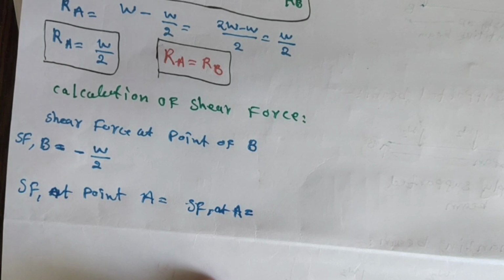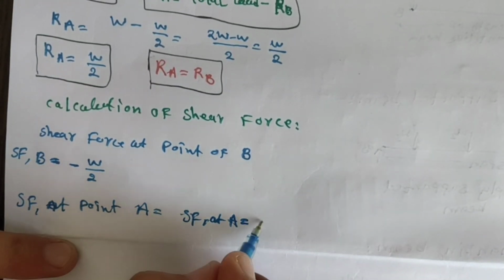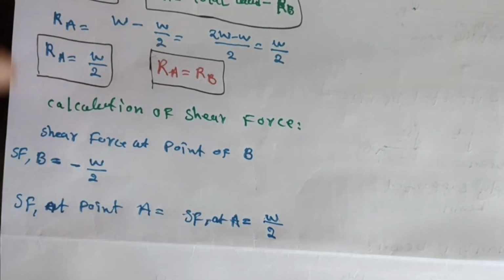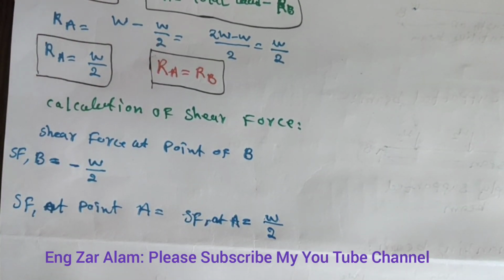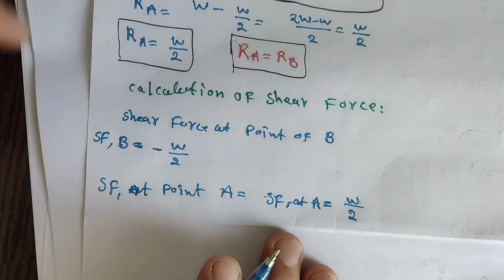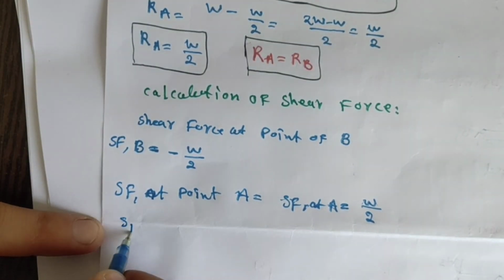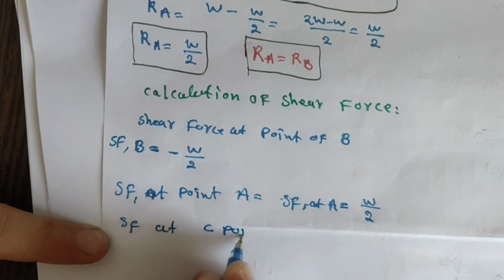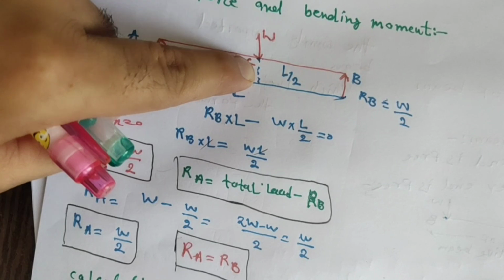Clockwise force we should keep positive, but anti-clockwise force we should keep negative. So the shear force at point A is W by 2. Now we should find the shear force at point C.